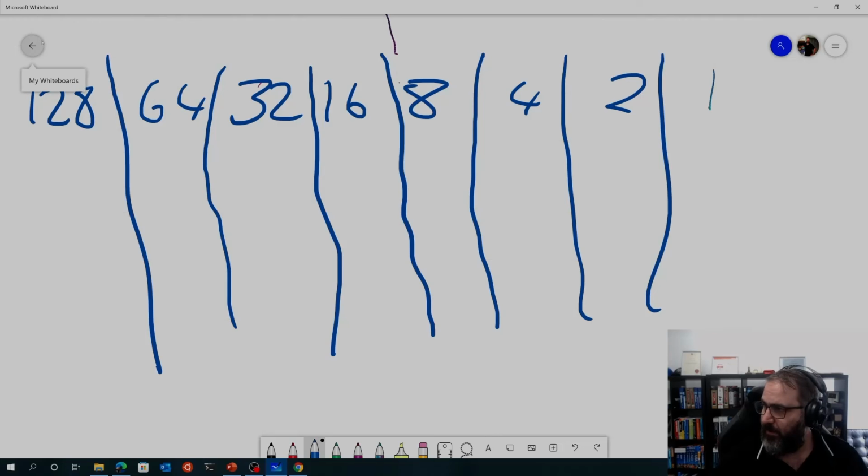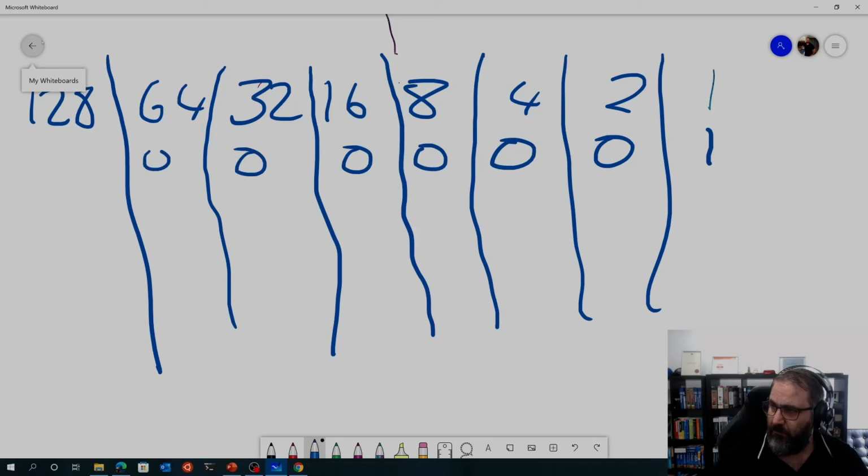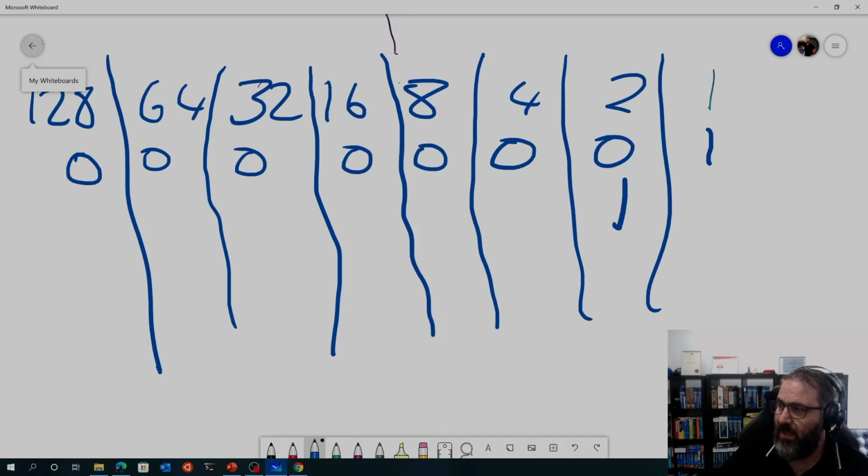It's a 1 there, and the rest are going to be 0 because the value of this one here is 1. What about number 2? What about the second host on the network? Well, there's a 2 here. That's number 2. So I'll put a 1 there, and I'll put a 0 everywhere else.